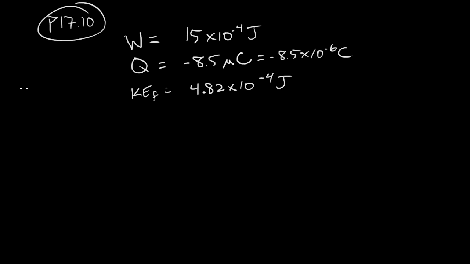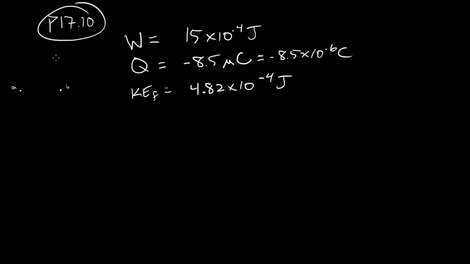Let's try to simplify this and think about what's happening here. First of all, if A and B were at the same potential, so the same voltage, then all of the work would go into kinetic energy for the final thing. This is what I like to call a butter analysis.